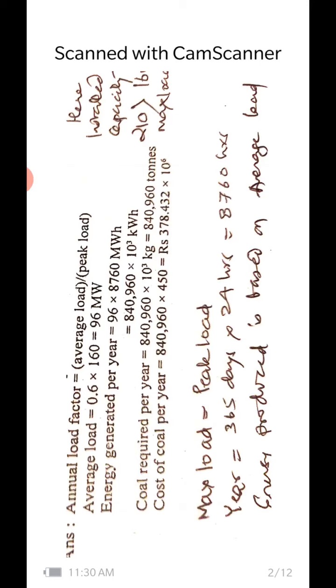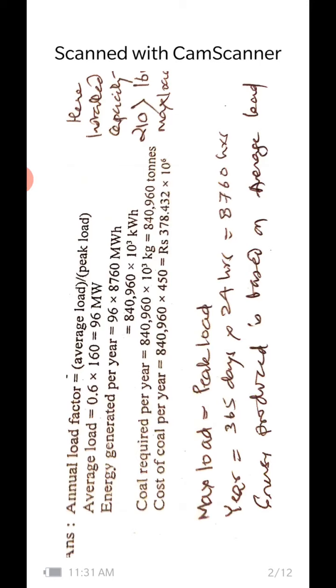Next, energy generated per year. So energy generated per year is the average load, that is 96 megawatt, into 8,760 hours. So this megawatt into hours will become megawatt hour, MWh. That is nothing but 8,40,960 into 10 raised to 3 kilowatt hour.